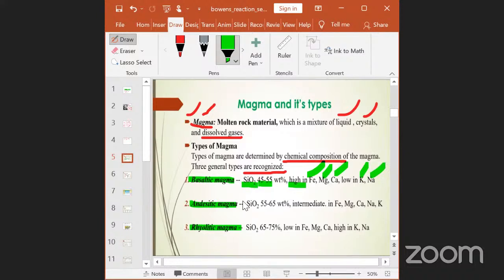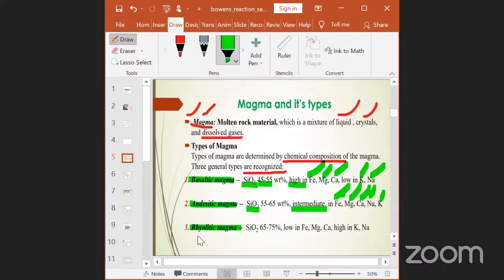And the second one is andesitic magma, which has a silica range of 55 to 65 percent, intermediate, and its minerals have iron, magnesium, calcium, sodium, and potassium.